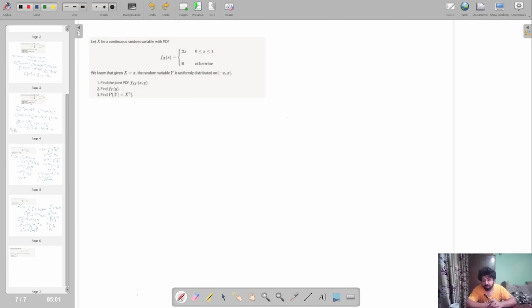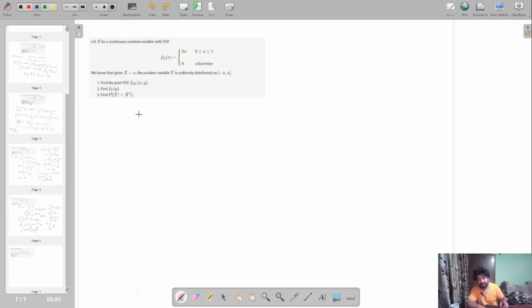Alright, so in this problem we have been given that x has the PDF 2x ranging from 0 to 1, and given X equals x, Y is uniformly distributed on the interval minus x to x.